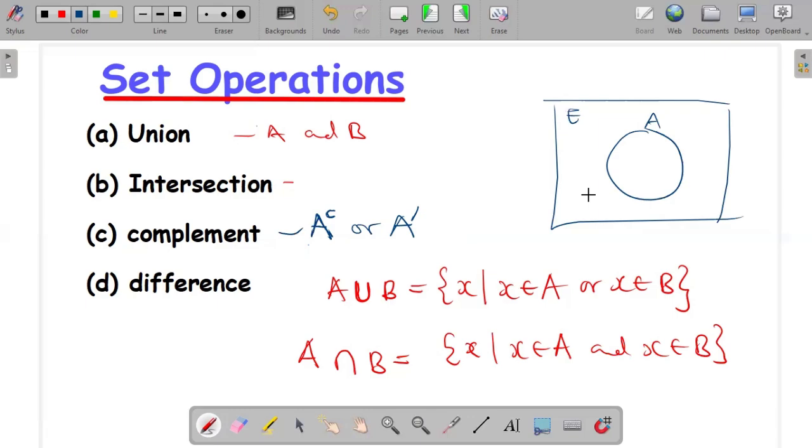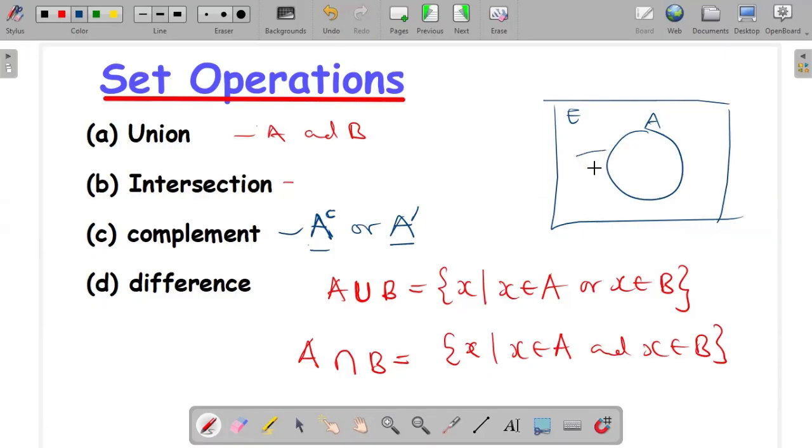But what this means is all elements that are not in that set but are in the universal set. So in this case, a complement, as we have written, we are saying that it is all elements that are not in A but sit in the universal set.